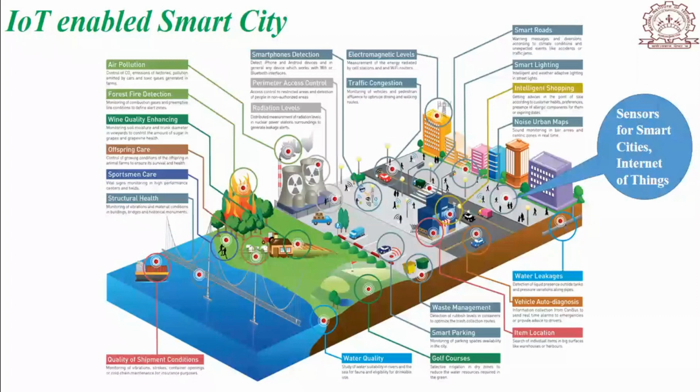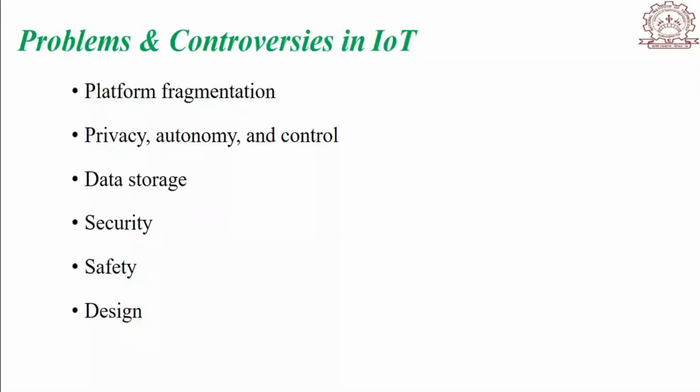With a lot of advantages there are also some problems and controversies. If we are putting so many sensors, some problems can arise, like cameras we have installed somewhere, CCTV and other things, for getting the information.